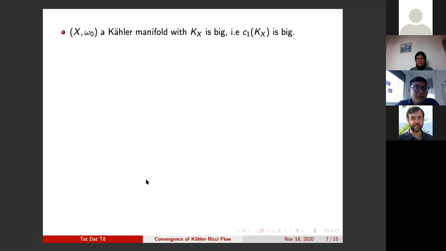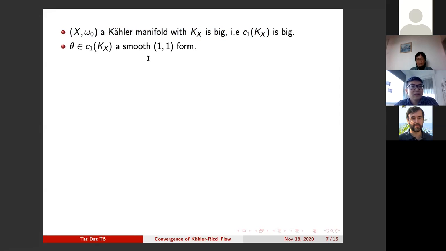And now we turn to our setting for the Kähler-Ricci flow, and our main result is that (X, omega) is a Kähler manifold with K_X big. That means the first Chern class of K_X is big, as in the definition above. So we can say that it's a variety of general type if you want.